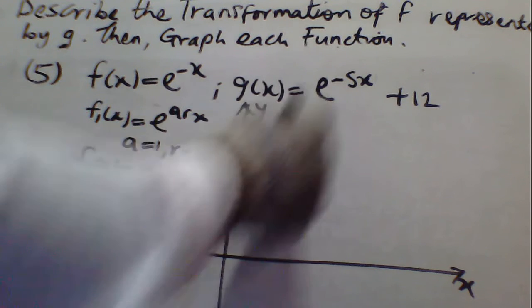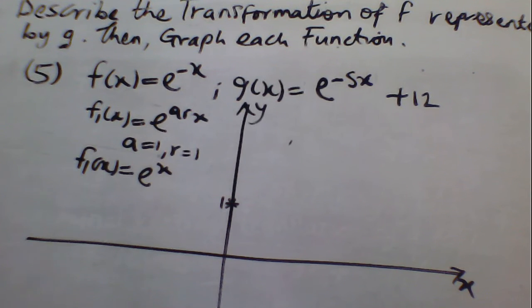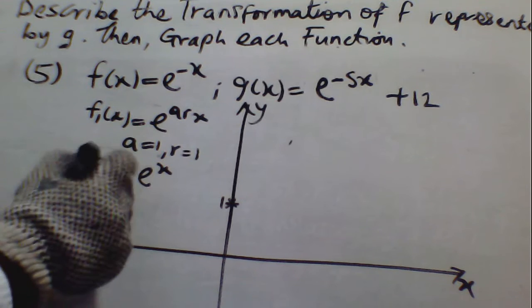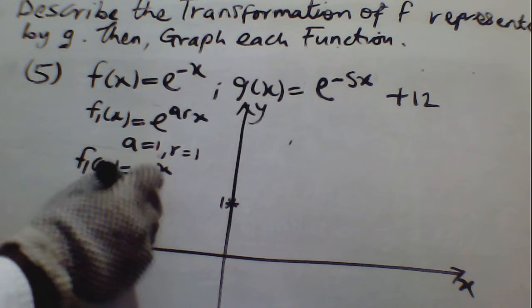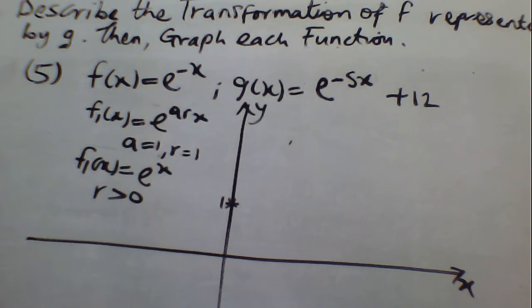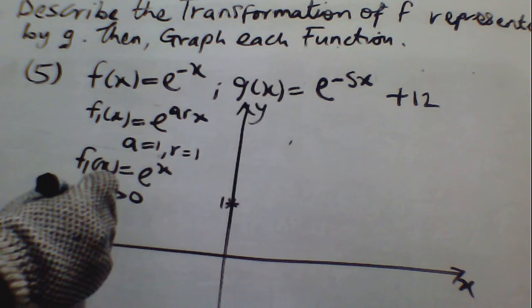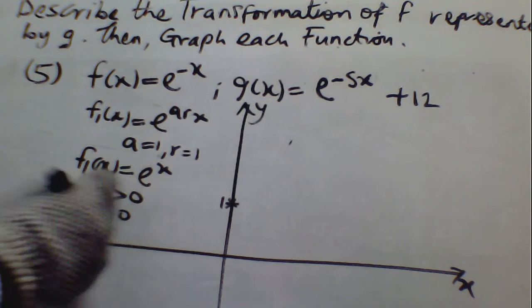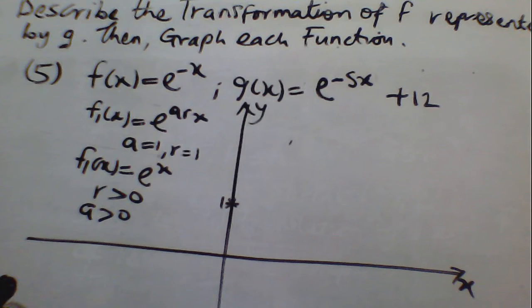The graph will start from here. All I'm trying to explain to you is if r is greater than 0 and a is greater than 0, in that case it will start from here.